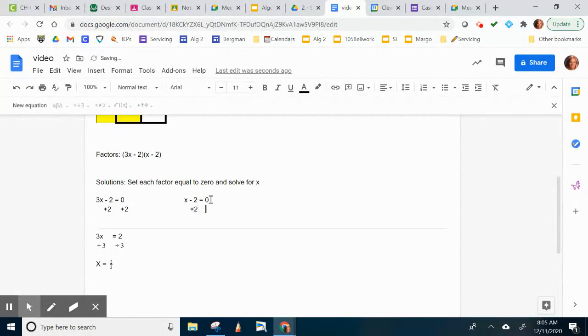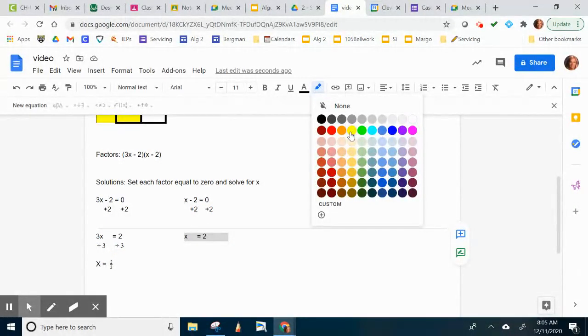And when we do that, on the left side we're left with an x. Negative 2 plus 2 cancels out to 0, and 0 plus 2 is 2. So we have 2 solutions. They are x equals 2 and x equals 2/3.